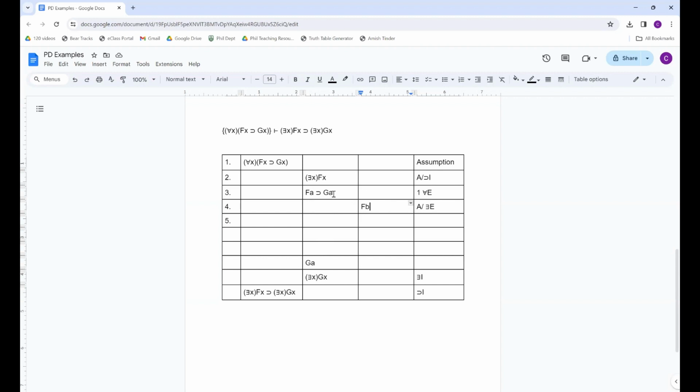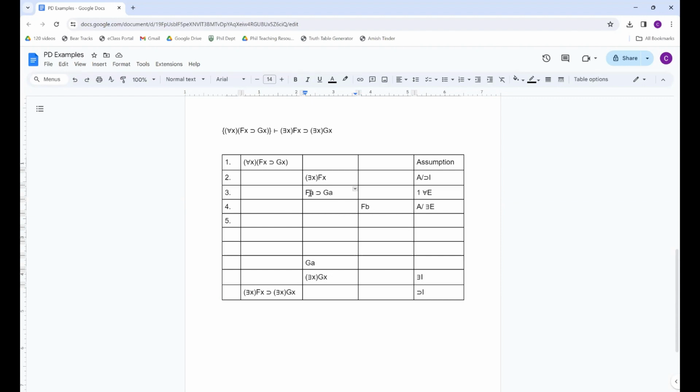And there's nothing we can derive from that, right? We can't get anything here by conditional elimination. The antecedent does not match up with the antecedent of this. So there are no inferences that we can make from these.